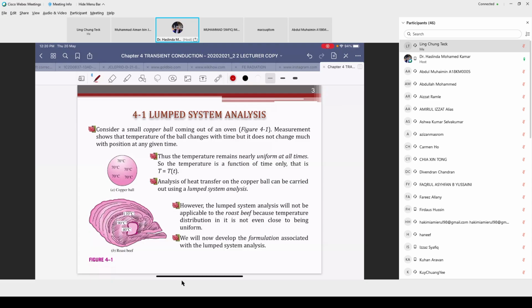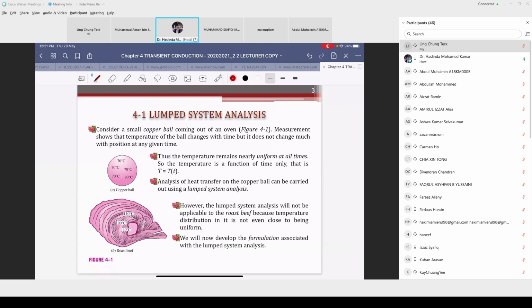Okay, let's say the copper ball is very small. Let's say the diameter is 0.3 cm, 3 millimeters. And then the roast beef, maybe 300 millimeters. Then you expose those mediums to a warmer environment.